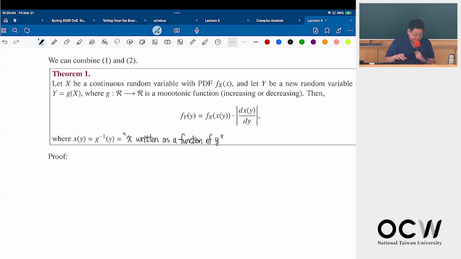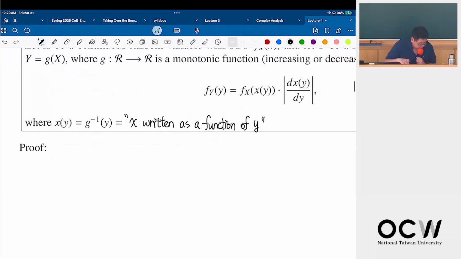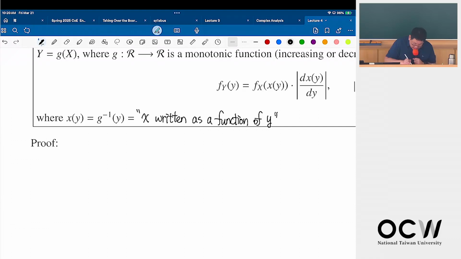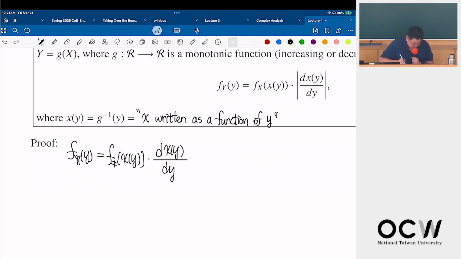Let's see the proof. For the monotonically increasing case, equation 1, we found that the PDF of y is the PDF of x at x of y times dx of y over dy. This is just equal to our theorem.